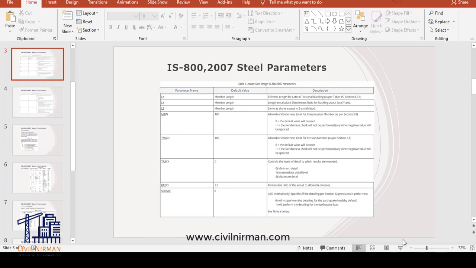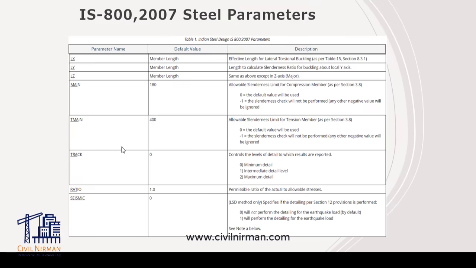Moving on to our next parameter, that is MAIN and TMAIN. MAIN and TMAIN are nothing but the allowable slenderness limits: MAIN for compression members, and TMAIN is the allowable slenderness limit for our tension members.